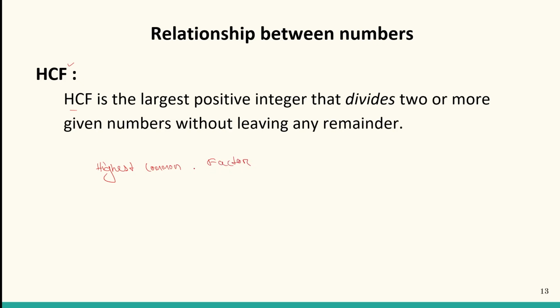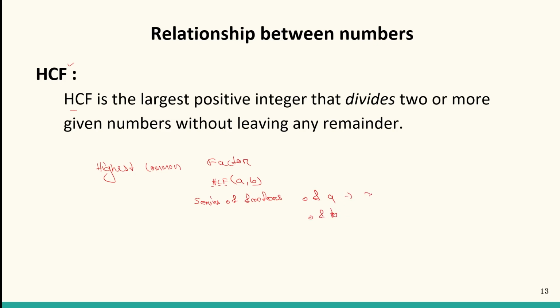Okay, so what we need to do is, if we are asked to evaluate, let's say, HCF of A and B, what we will do? We always try to go from right to left. First we need to find the series of factors of A individually.